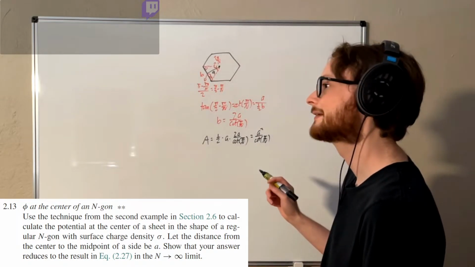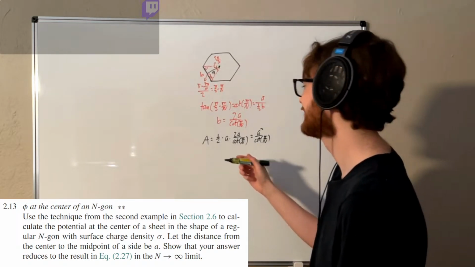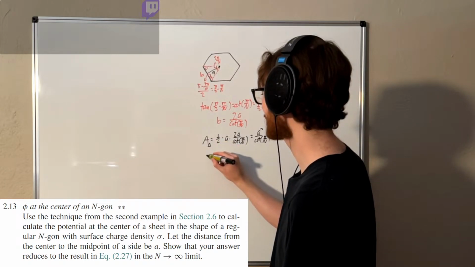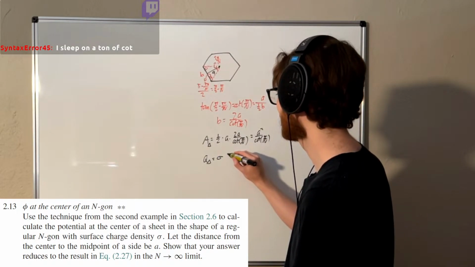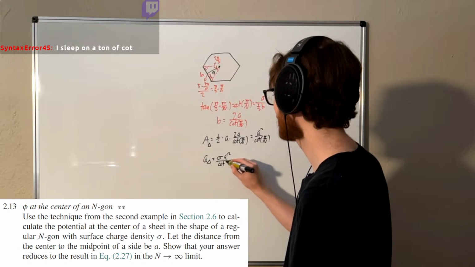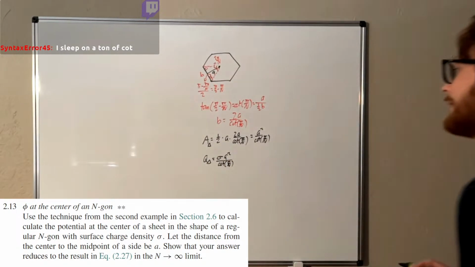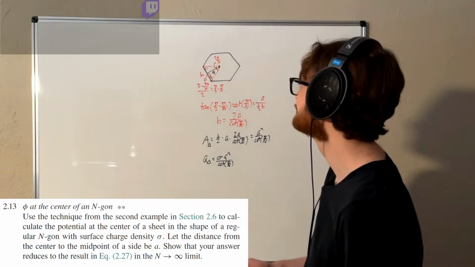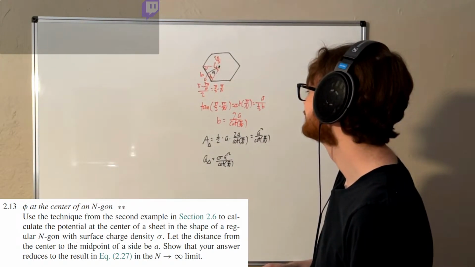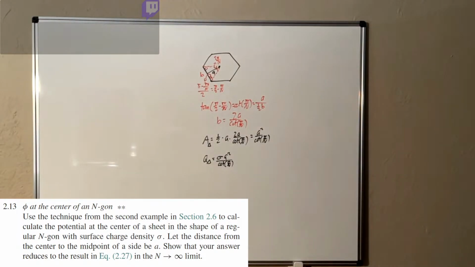So I can say A sub triangle, the charge in this triangle is sigma A squared over cotangent pi over N. So I think all this is the numerator.